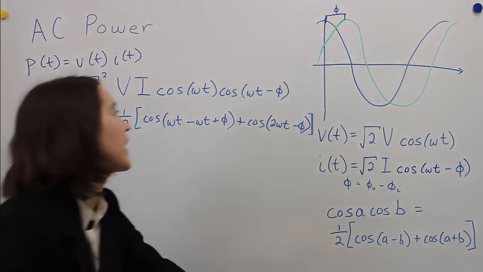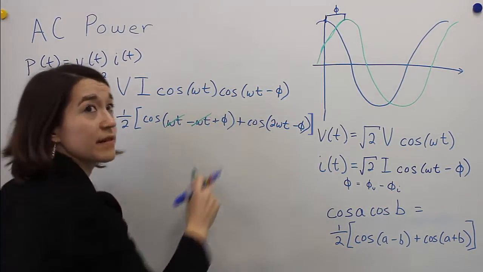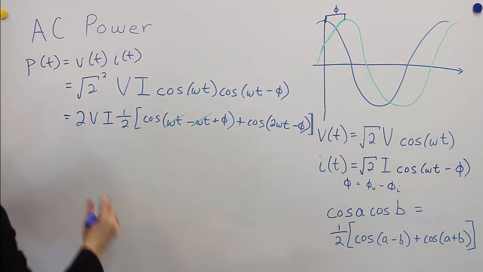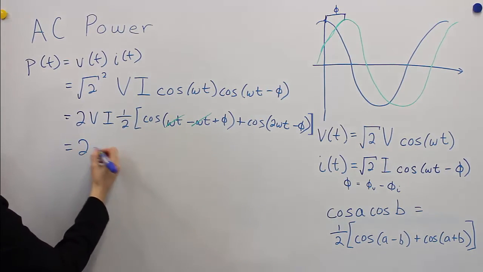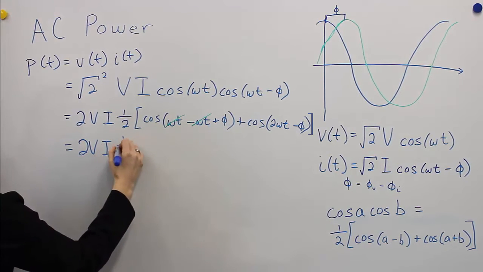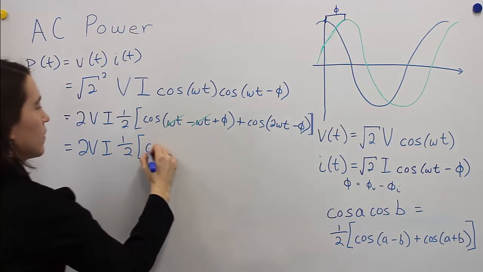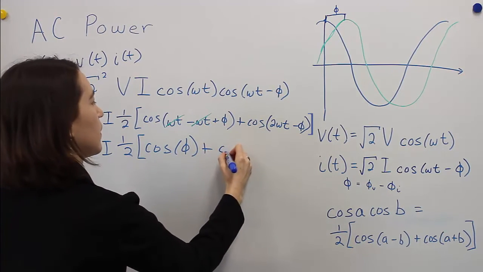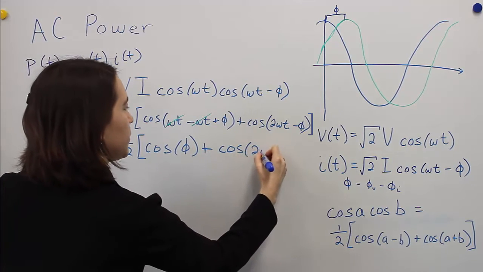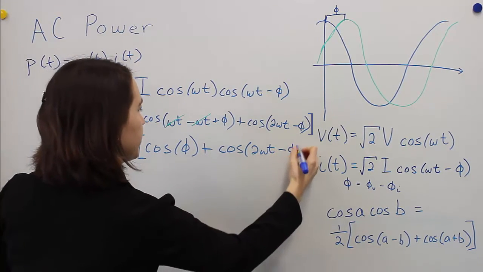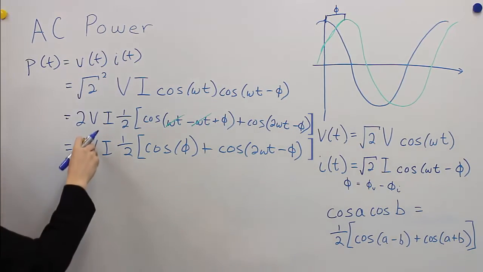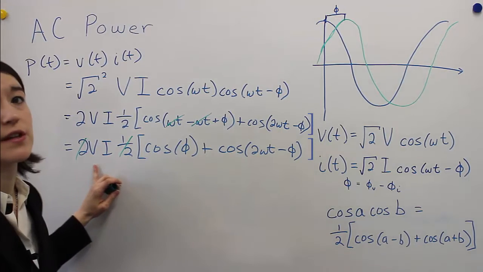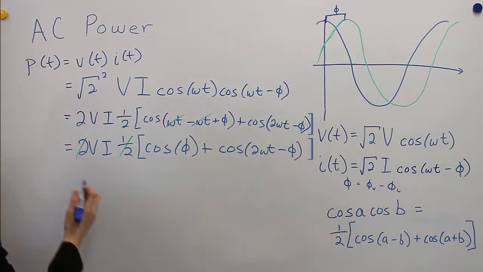We'll notice that these will cancel out with each other, so we will be left with cosine of phi plus cosine of 2 omega t minus phi. And I, of course, forgot to cancel these out, but we see that we are left with just the RMS values here.